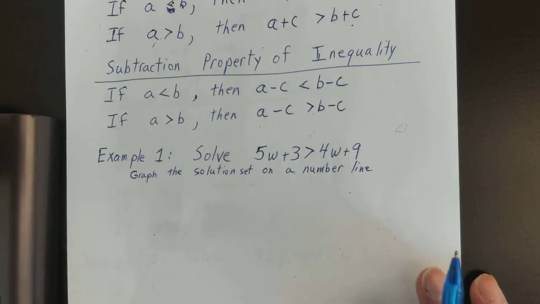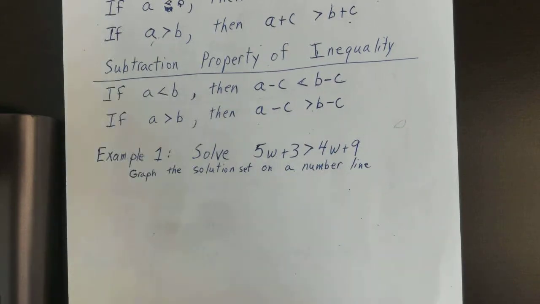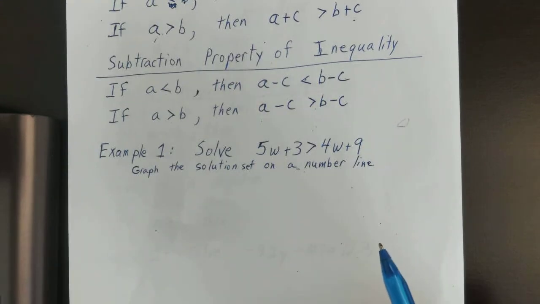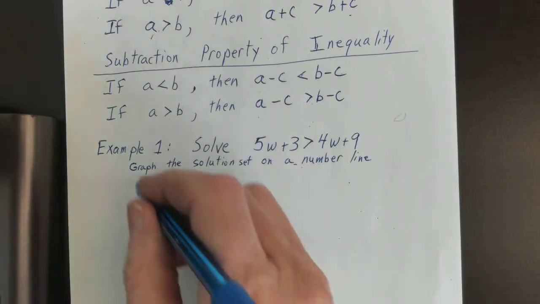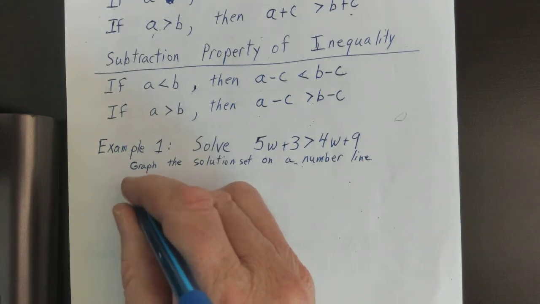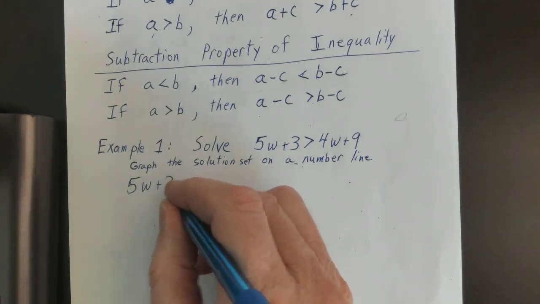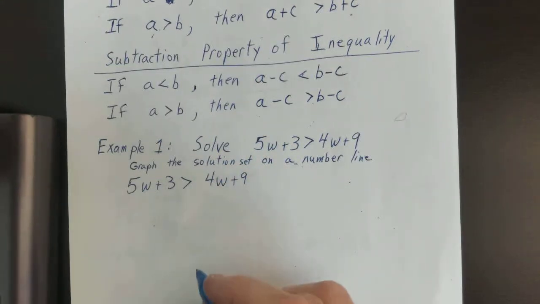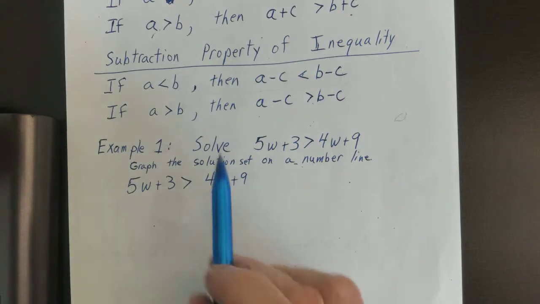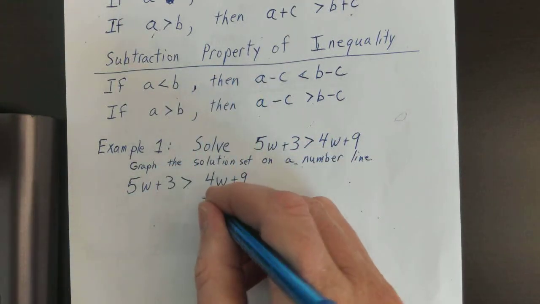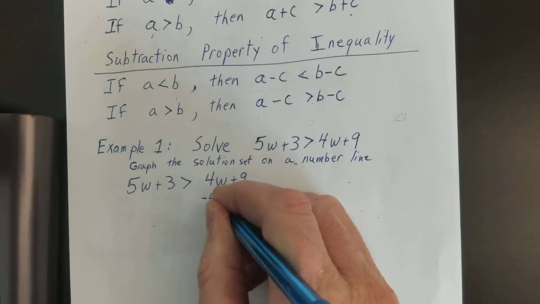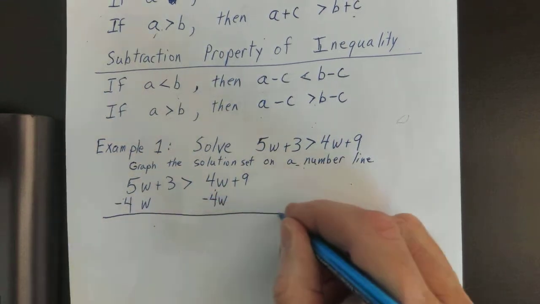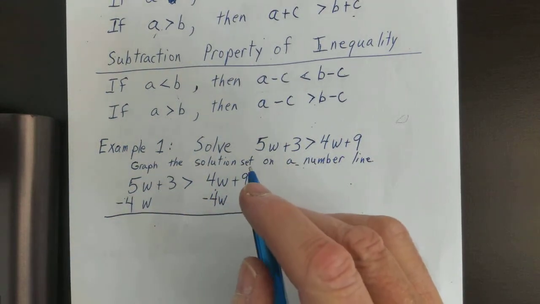All right, let's use that property and solve an inequality here, and then we're going to graph the solution set on a number line. So that's two parts I want to see here. When I solve 5w plus 3 is greater than 4w plus 9, I'm going to use the subtraction property, and I'm going to do it like we do equations. I'm going to subtract 4w from this side and subtract 4w from this side. I like to get the variable in one place first.